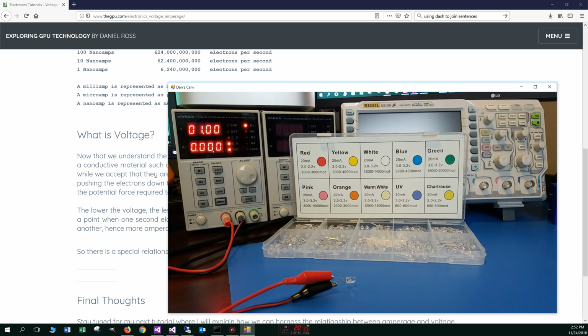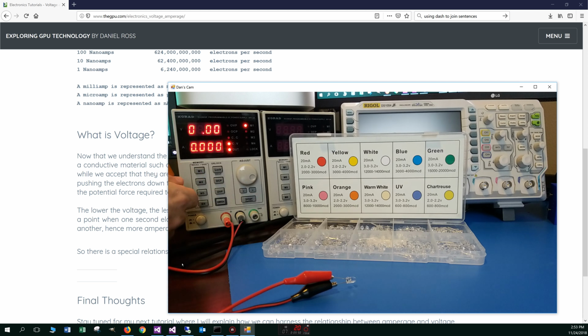We've got no amperage going through, and a maximum of 1 volt output there. Okay, so 1 volt is not even enough to push any amps across the little gap in the LED. If you've ever looked at these LEDs, there's a little gap in there, and it doesn't even have enough voltage to push those across.